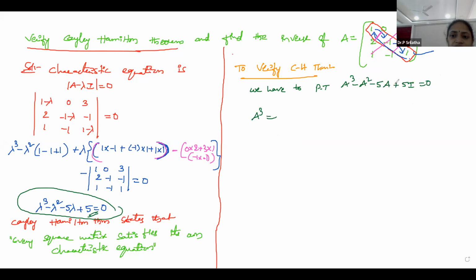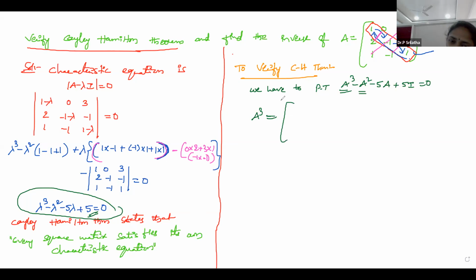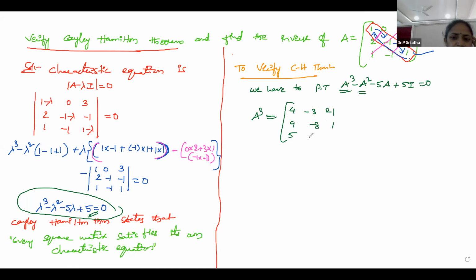So what is A cube? For verification, we need to find A square and A cube by using calculator. Tell me what is A cube? A cube is 4, -3, 21; 9, -8, 1; 5, -5, -5.